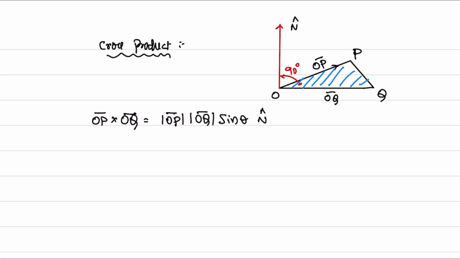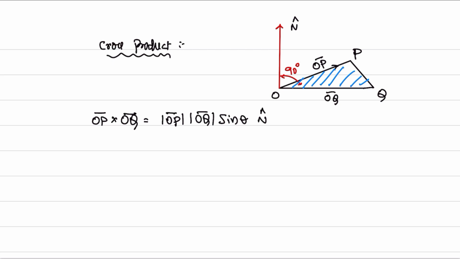OP and OQ lie in a horizontal plane in which the triangle is, and N is perpendicular to the horizontal at 90 degrees.